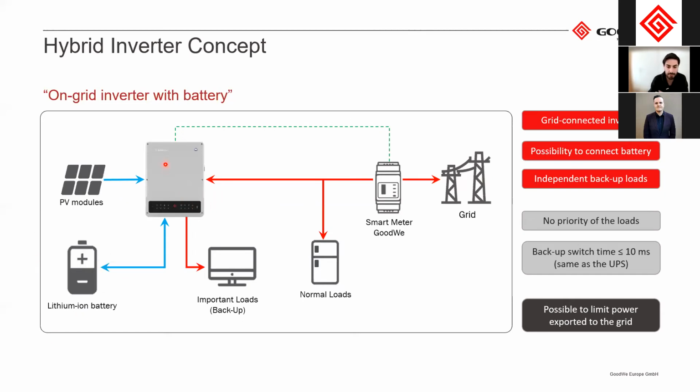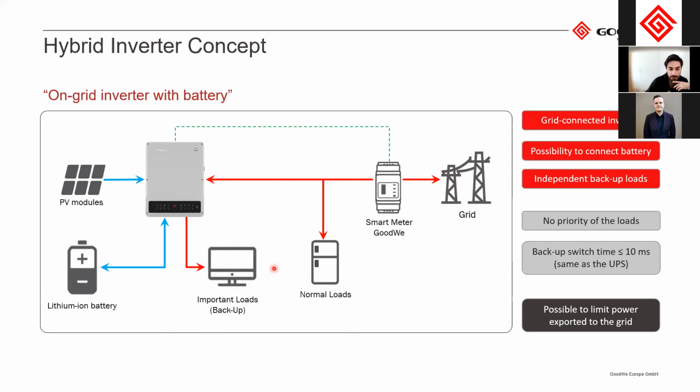So it gives you a bit more flexibility in case you live in a place where the grid is not so stable, and you can have additional loads connected here that will always be on. However, when the grid is on, there's no difference in priority between these loads and these loads here. These loads, when the grid is on, can also be powered by the grid, or by the battery or by the PV.